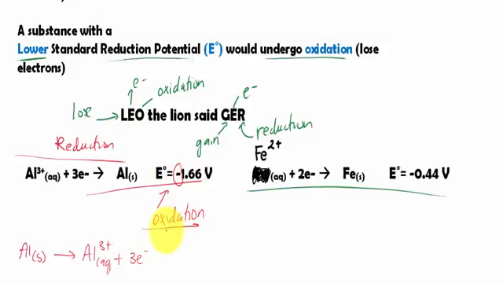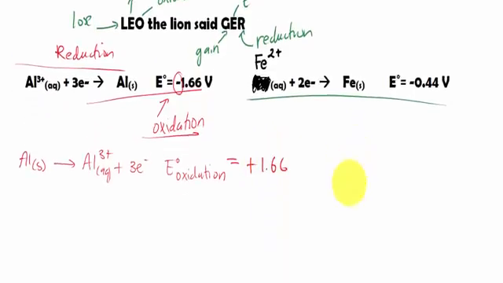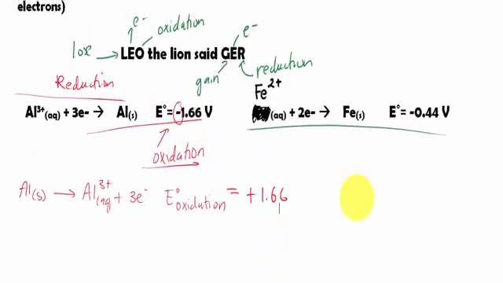Because we are now looking at oxidation, we can change that to standard oxidation potential. Since oxidation is the opposite of reduction, the sign would be the opposite. So instead of negative 1.66, we would have a positive 1.66. That's all we have to do for identifying the reduction and the oxidation between two half cells.